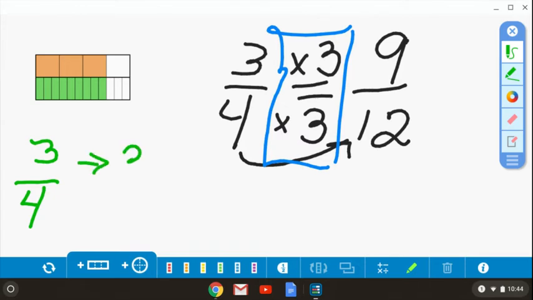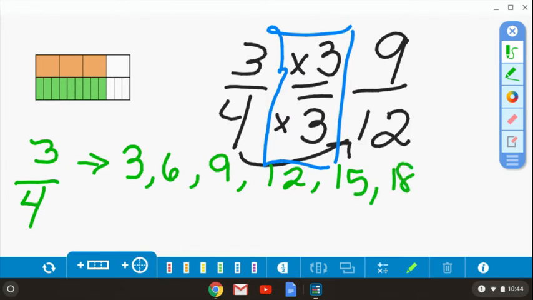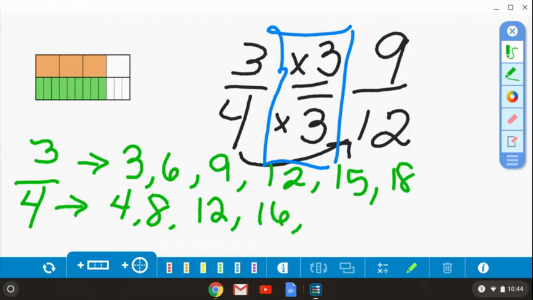So this would be 3, 6, 9, 12, 15, and 18, for example. And then you write your multiples of 4: 4, 8, 12, 16, 20, 24.